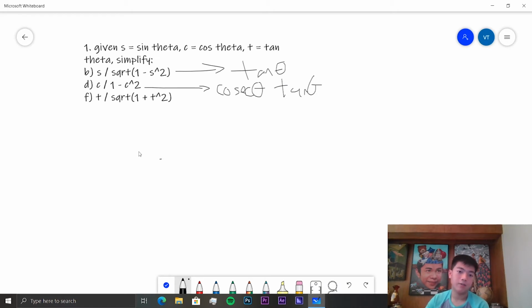And finally, tangent over square root of 1 plus tangent squared. We know 1 plus tangent squared is equal to secant squared. So if we square root, we have tangent over secant.